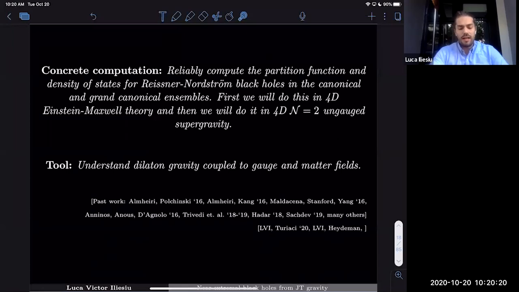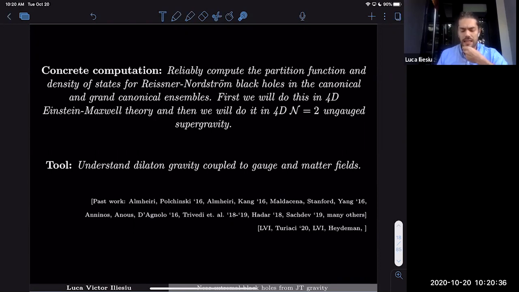The tool that we'll be using is the fact that in the near horizon region, we can approximate the gravitational theory as a theory of dilaton gravity coupled to gauge fields and matter fields.